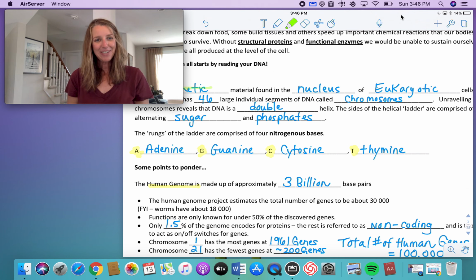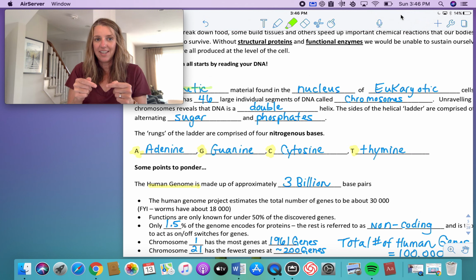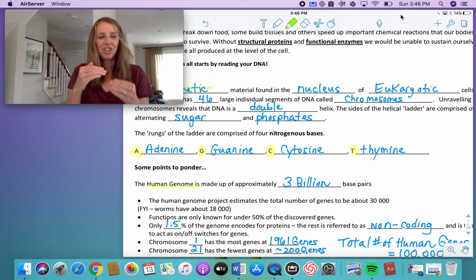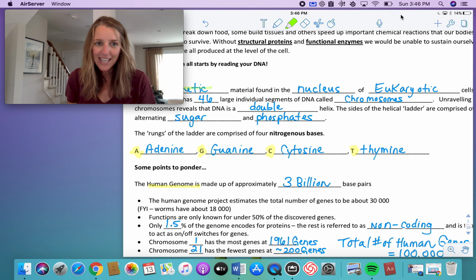So again, just like we learned that organelles are the bits inside of a cell, and cells are the building blocks of life, well, now we're diving into the nucleus inside of a cell, and that nucleus contains DNA, which is another molecule, and that molecule is a big one, and it's made up of little tiny building blocks. Okay, so now we're looking at molecular genetics.